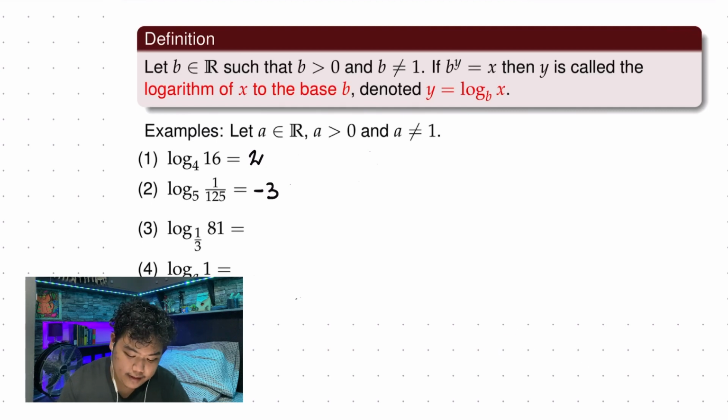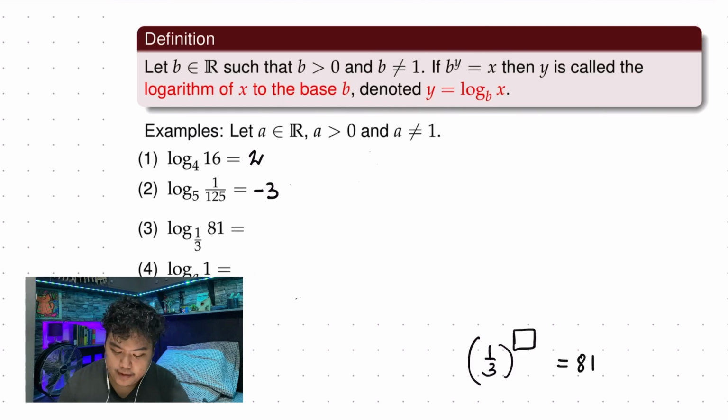Ito naman, dapat 1/3 raised to something is 81. So, ano yung something na yun? Is it negative 4 ba? Yung negative para aangat yung 3. Magiging 3 tas raised to 4, 81.